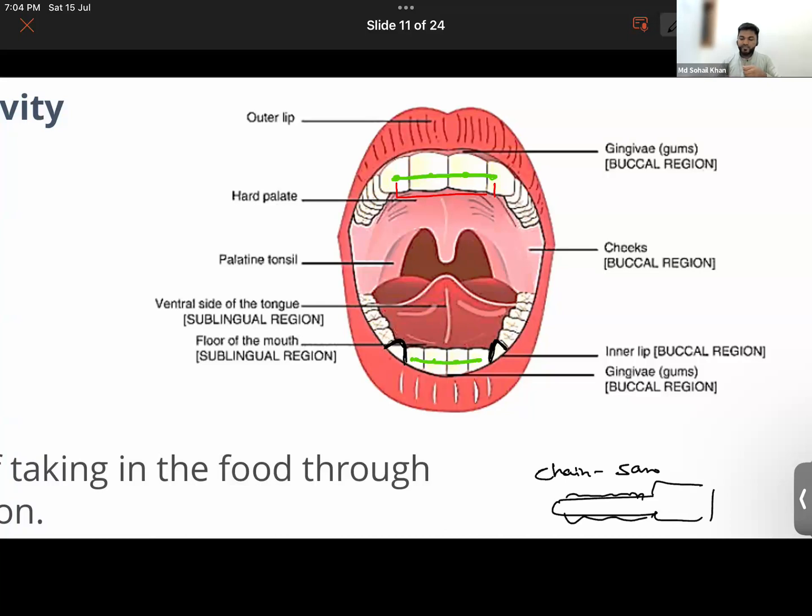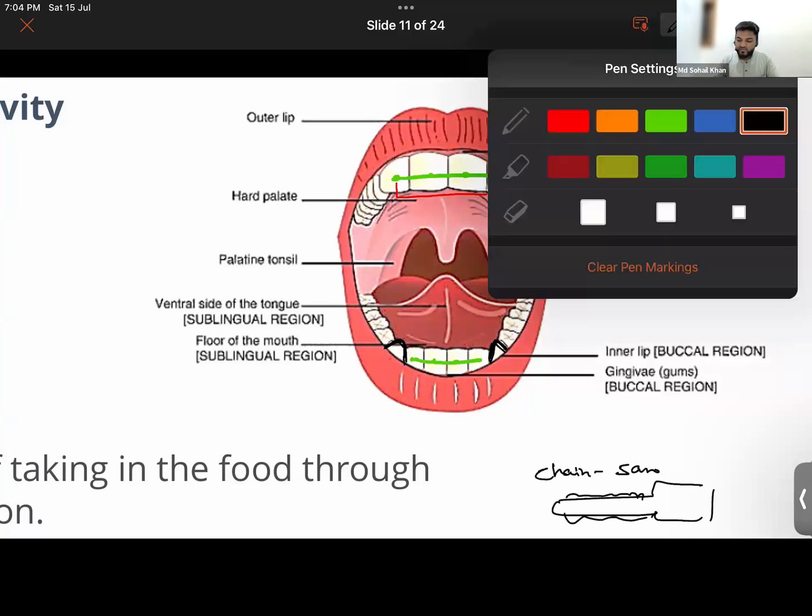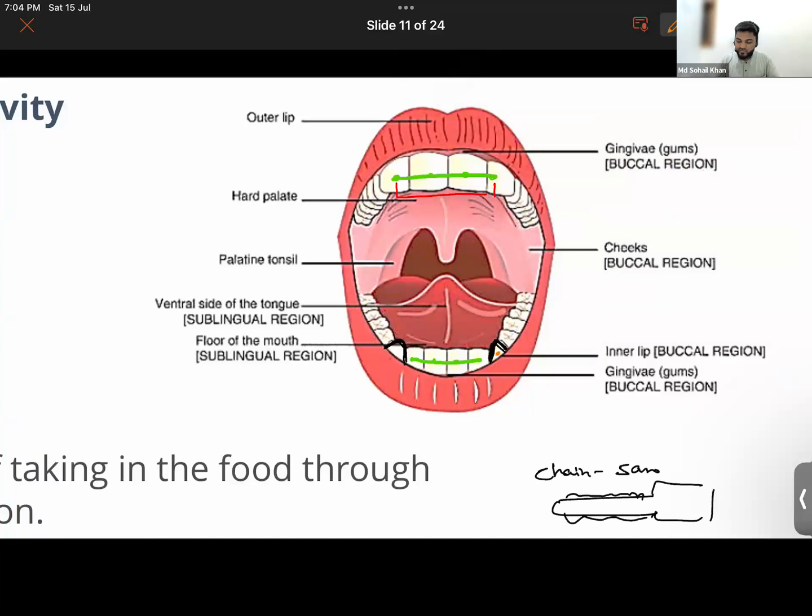Anyways, so the next pair of teeth you will see is called the canine here. This teeth here. If you guys are able to see this one, canines. There are two on the lower jaw, two on the upper jaw. Their function is basically to pierce and tear the food.